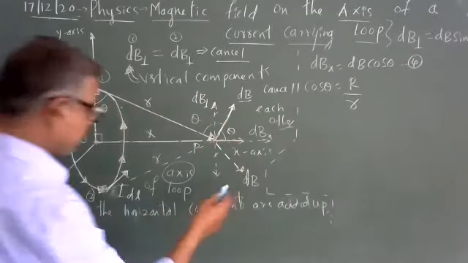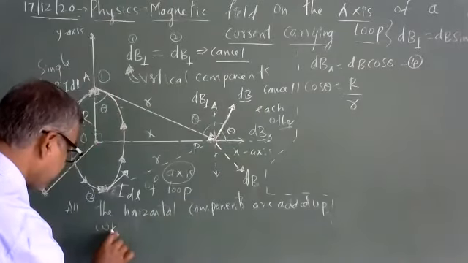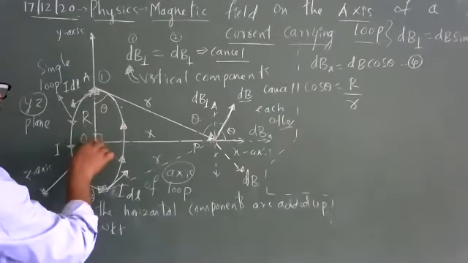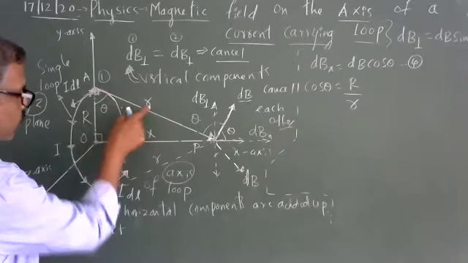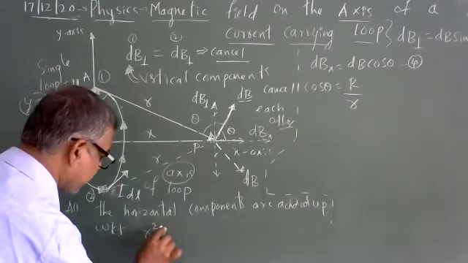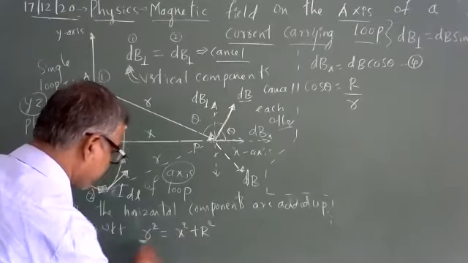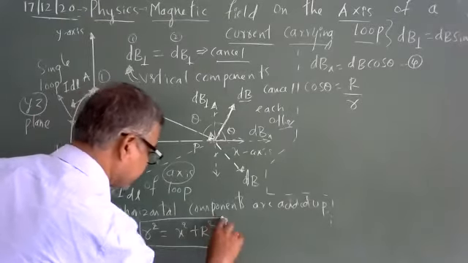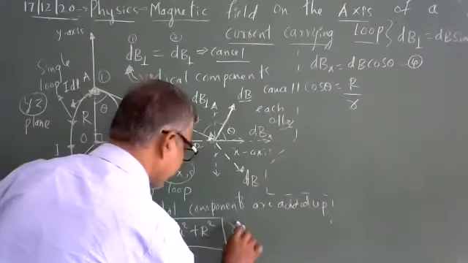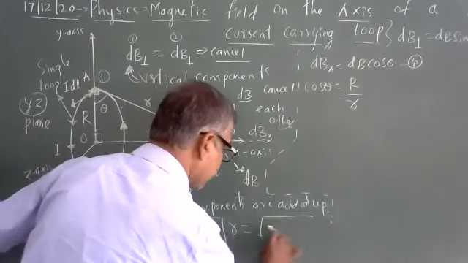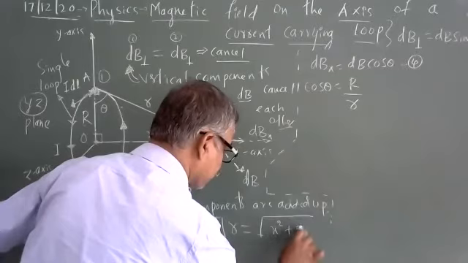In the right angle triangle OAP, small r square equals x square plus capital R square. This is simple mathematics. Now r is written as under root x square plus capital R square.